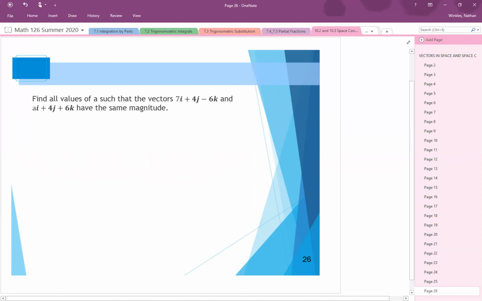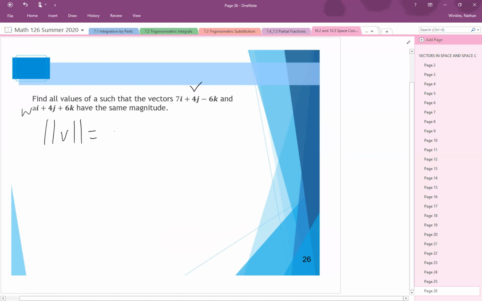Now, sometimes we got to do a little bit tricky stuff here. We got to just pay attention to what it's asking us for. It says find all values of a such that the vectors 7i plus 4j minus 6k and ai plus 4j plus 6k have the same magnitude. Okay, so if we take the magnitude of the first vector, I'm just going to call this v and this one w.